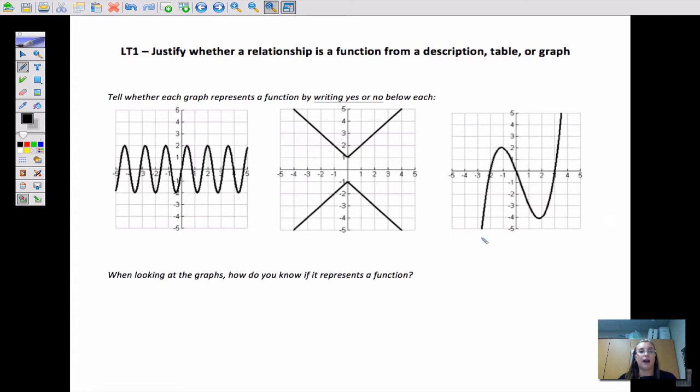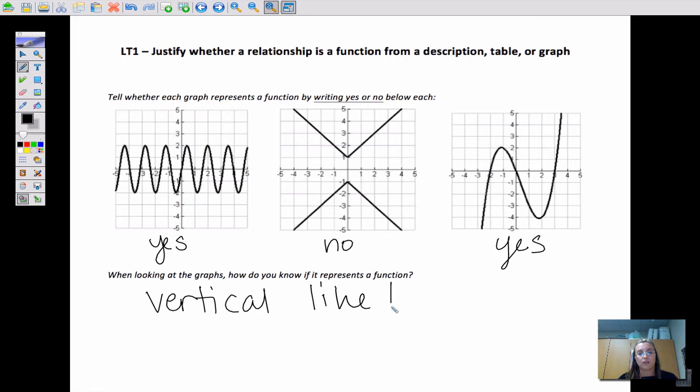If you're looking at a graph, I would say yes, no, yes. And the way that you can know on a graph is looking at the vertical line test. And you should have probably included some sort of a description of the vertical line test, meaning, like for example, in the middle graph, you could even just give a specific.